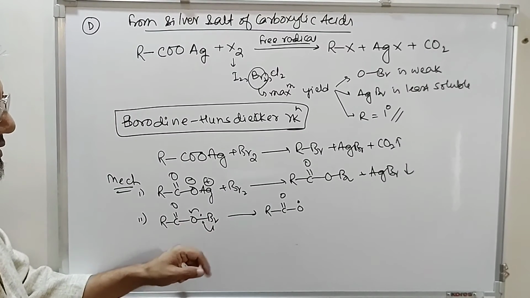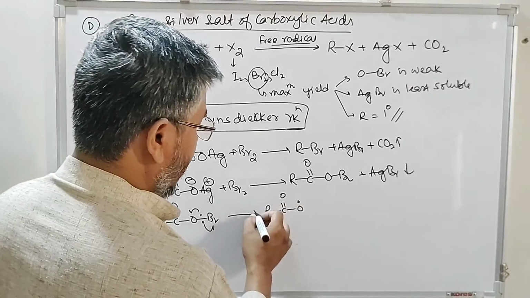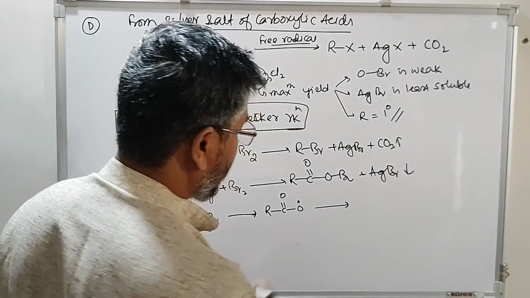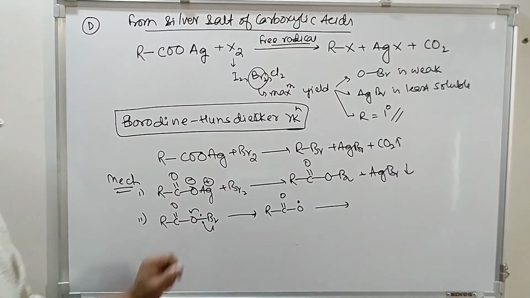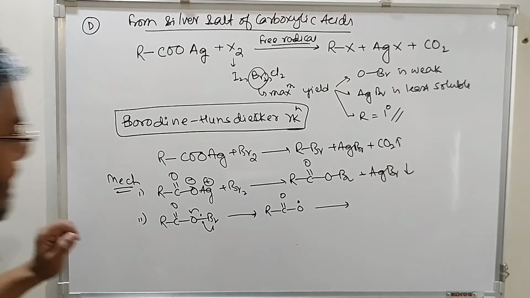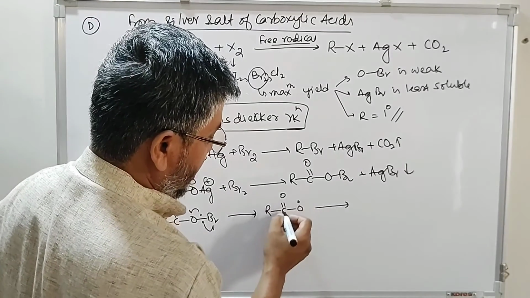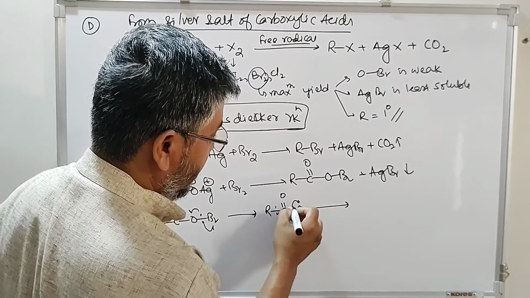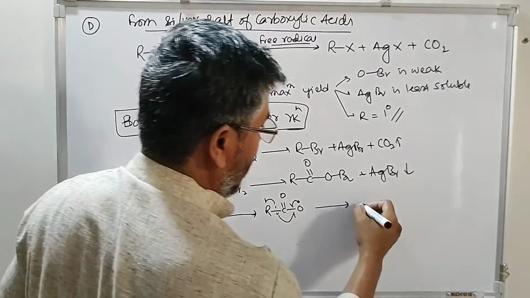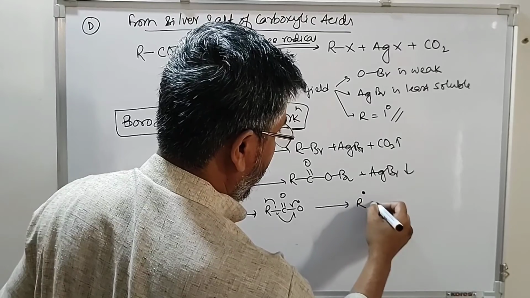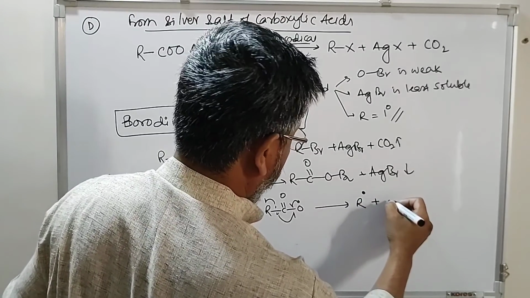So Br radical further reacts. This being unstable, immediately decomposes to give you carbon free radical and carbon dioxide. One electron is transferred from the RC bond, and this gives you R radical plus CO2.